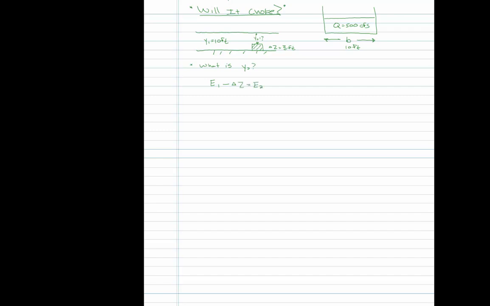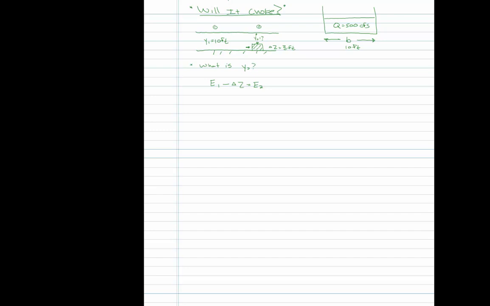In other words, however much energy there was here at 1 is going to be however much energy there is at 2, except for the fact that we've got this obstacle, and the obstacle is removing some of the specific energy, and so that's why we subtract delta Z from the E1 term.